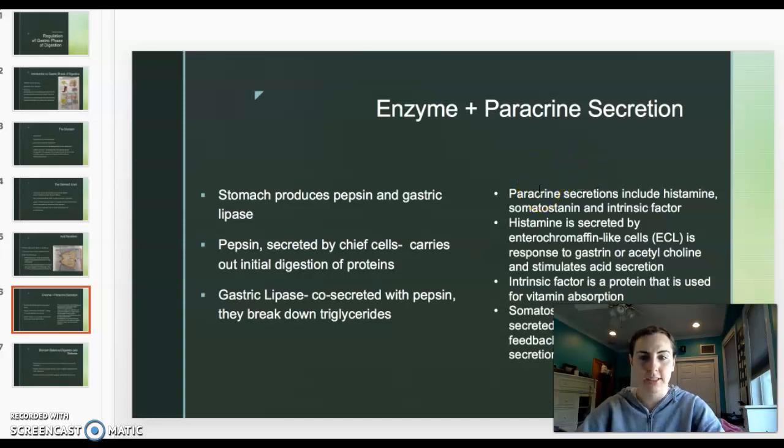We also have intrinsic factor, a protein used for vitamin absorption, which is also very important for the gastric phase of digestion. And we also have somatostatin, a hormone secreted by the D cells. This somatostatin is primarily used for negative feedback to signal the end of the gastric phase of secretion.